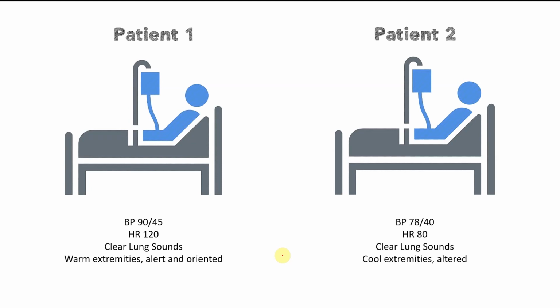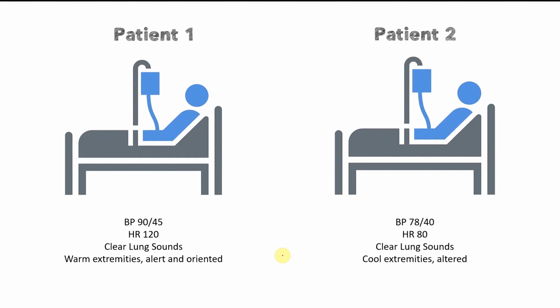Now, if we have patient 2 who presents with a blood pressure of 78 over 40, heart rate of 80, clear breath sounds, cool extremities with an altered mental status, then they have signs of end organ perfusion, and we need to be a little bit more aggressive with them.